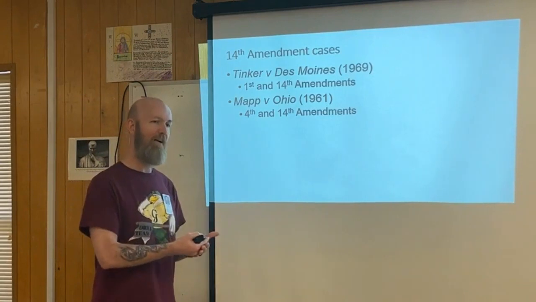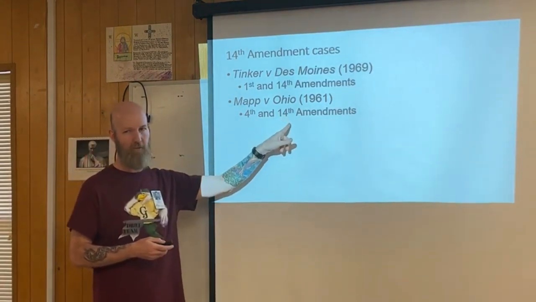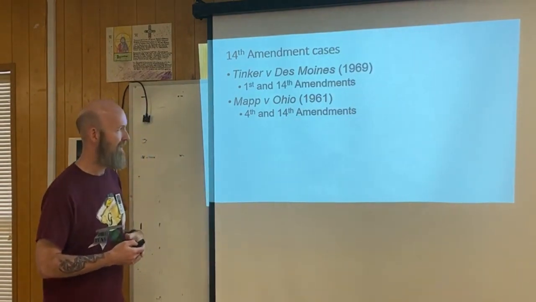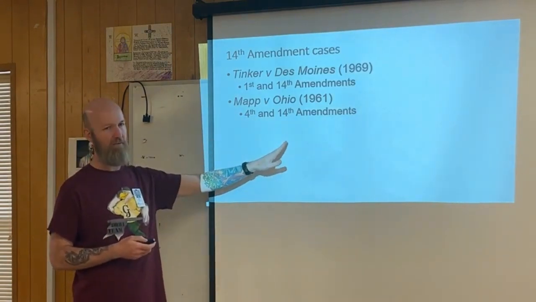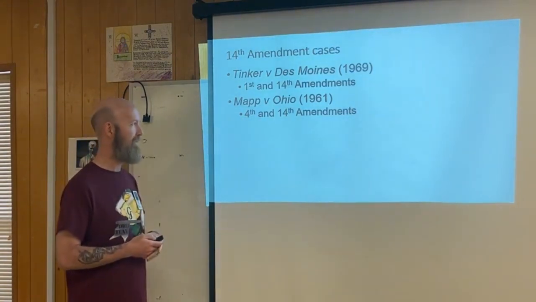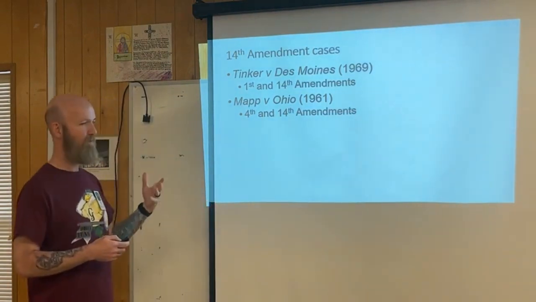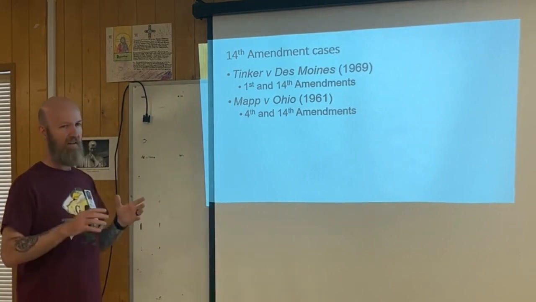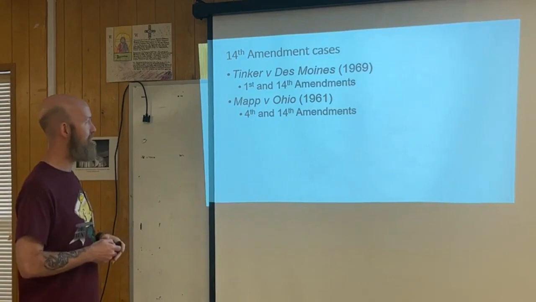But again, it's part of the Bill of Rights, so it only applies to the national government until you have the 14th Amendment. And now it applies to states as well. So she could claim that the local police violated her 4th and 14th Amendment rights when they searched her home illegally. So that's just an illustration of how this 14th Amendment, due process and equal protection, takes the rights of United States citizens and applies them even at the state and local level.